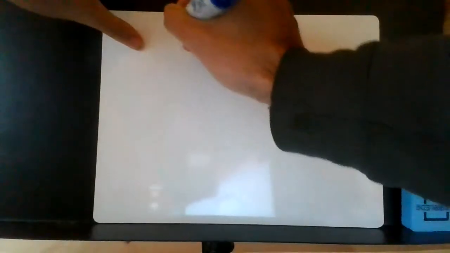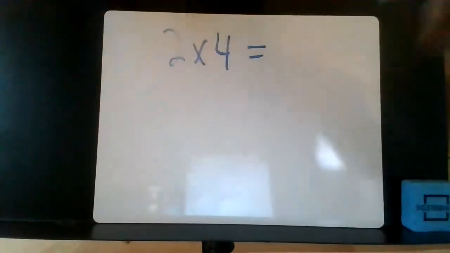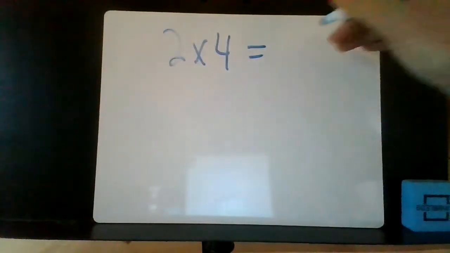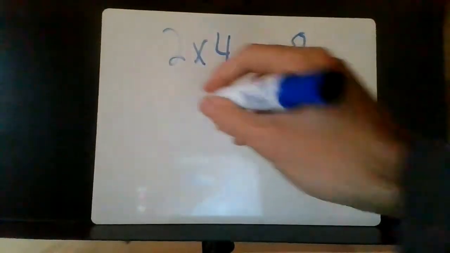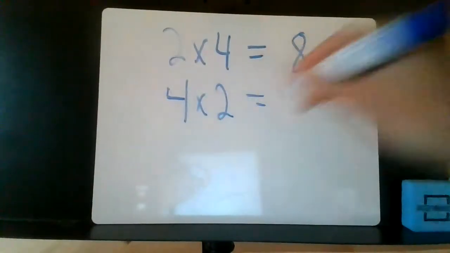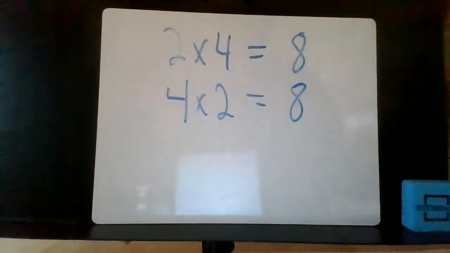Real quick demonstration of this. We know that 2 times 4 could be looked at as 2 sets of 4, which would be 8, or 4 times 2, which could be 4 sets of 2, and our product is still 8.